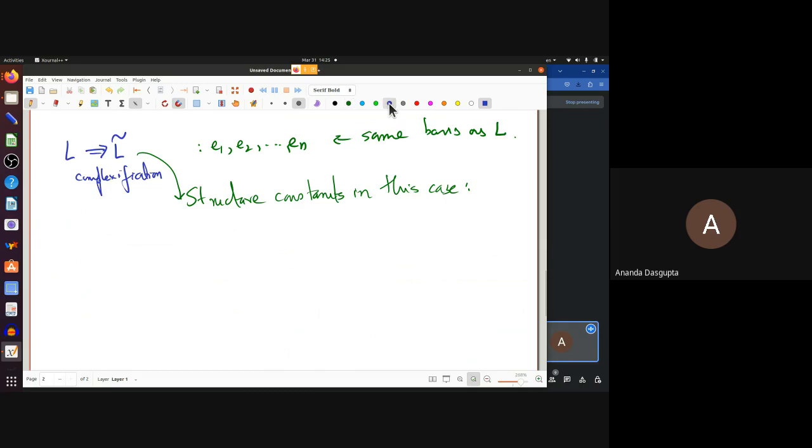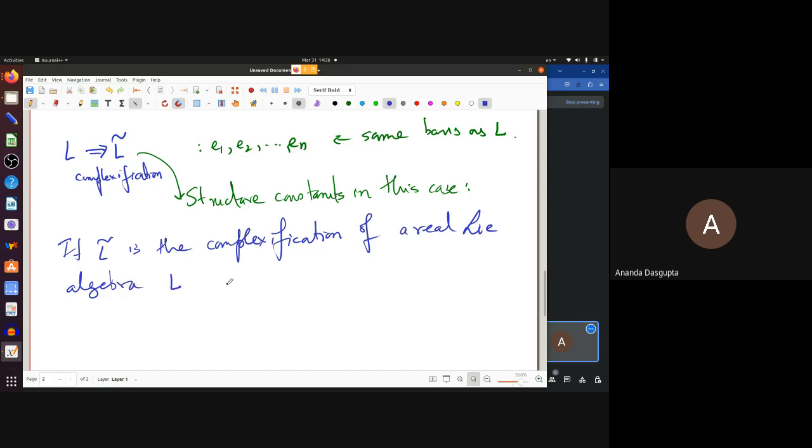So would it be right to claim then that if L tilde is a complexification of L, a real Lie algebra, because there's only one complexification anyway of a given Lie algebra, is this statement correct?